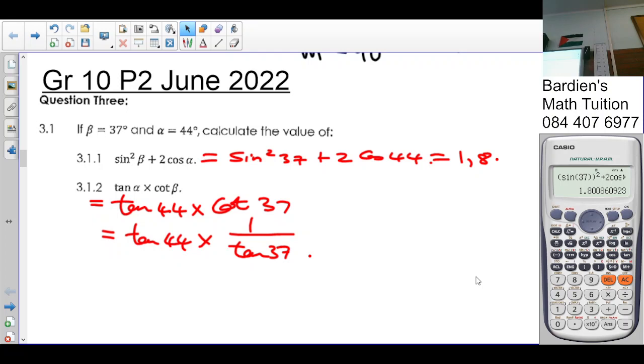Alpha is 44, beta is 37, so it's tan 44 times cot 37. 1 over tan is equal to cot, so I converted the cot 37 to 1 over tan 37. From here we just put it in our calculator, so that would simply be tan 44 times 1 over tan 37. It gives you 1,28.